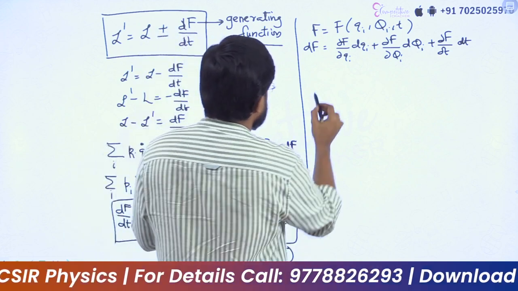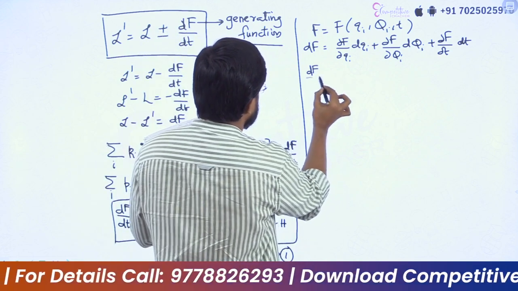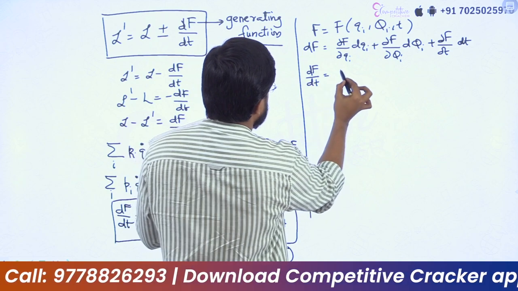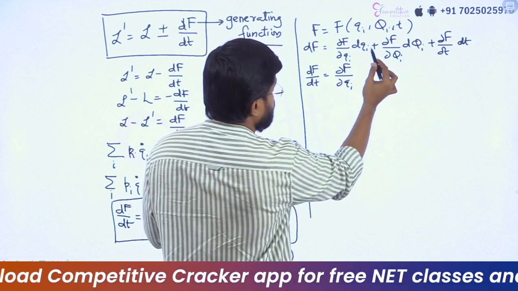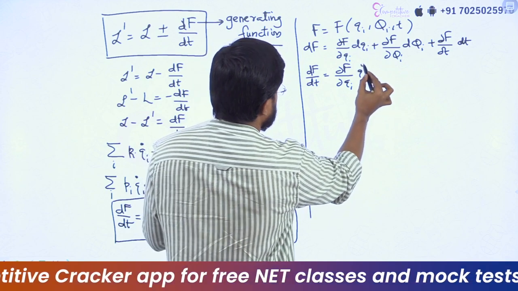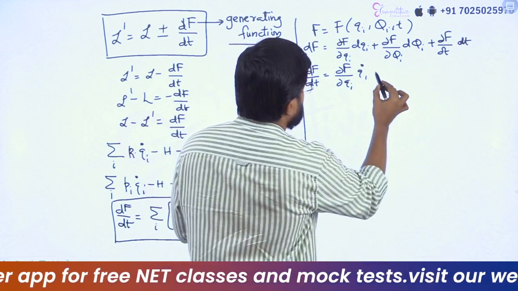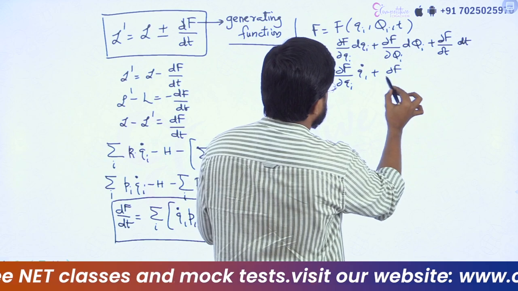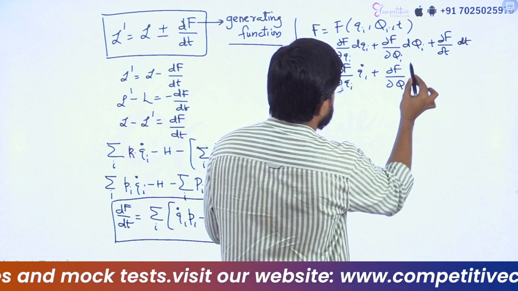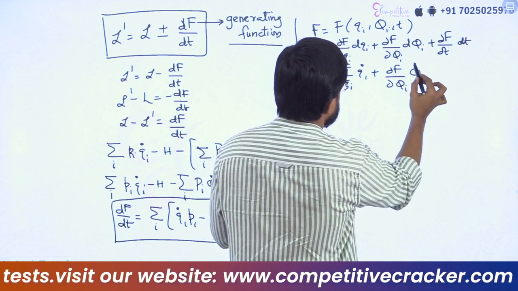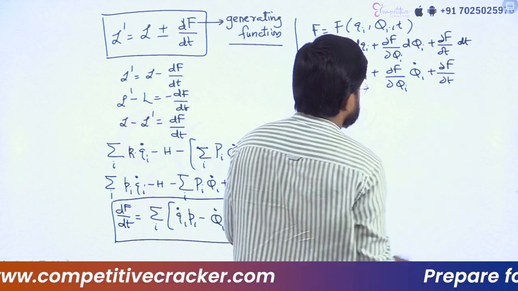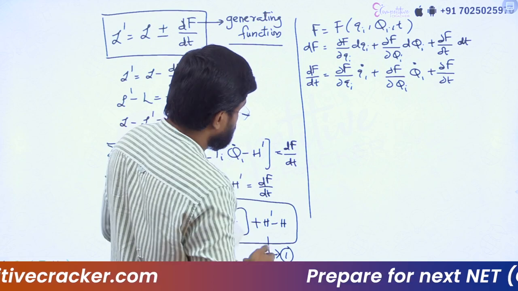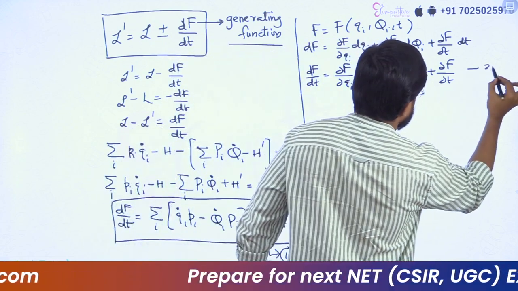And what is then dF/dt? dF/dt will become ∂F/∂qi into dqi/dt, which is qi dot, plus ∂F/∂Qi into dQi/dt, which is Qi dot, plus ∂F/∂t. Let this be my equation number 2.